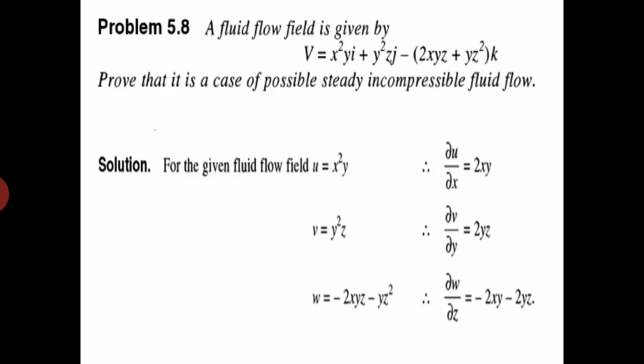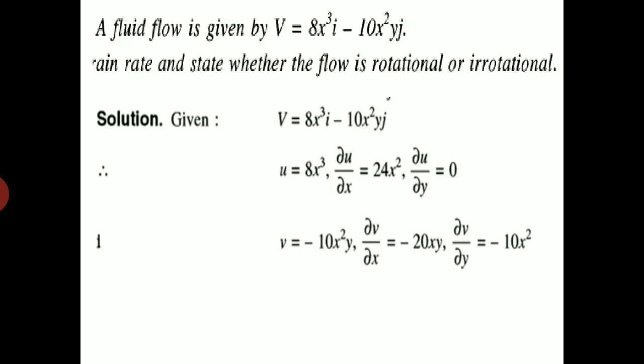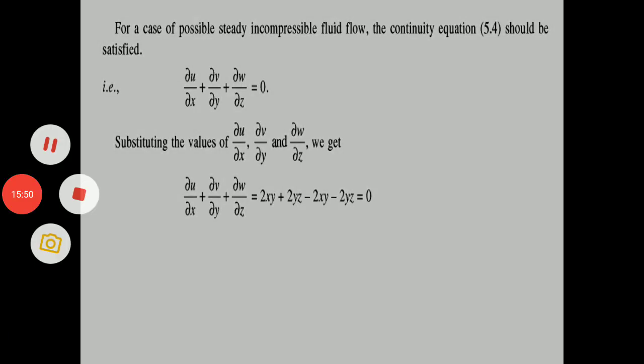So substituting this in the continuity equation, ∂u/∂x plus ∂v/∂y plus ∂w/∂z is equal to 0, and after substituting these values, we'll be getting it as 0. Therefore we can see that it is satisfying the continuity equation. So I hope all of you have understood this. Thank you very much.